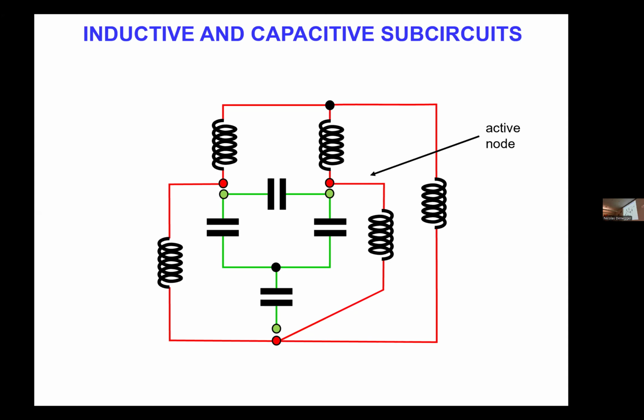So the red subnode belongs to the inductive network, and the green node here belongs to the capacitive network. Okay, so you can always do this in any circuit.